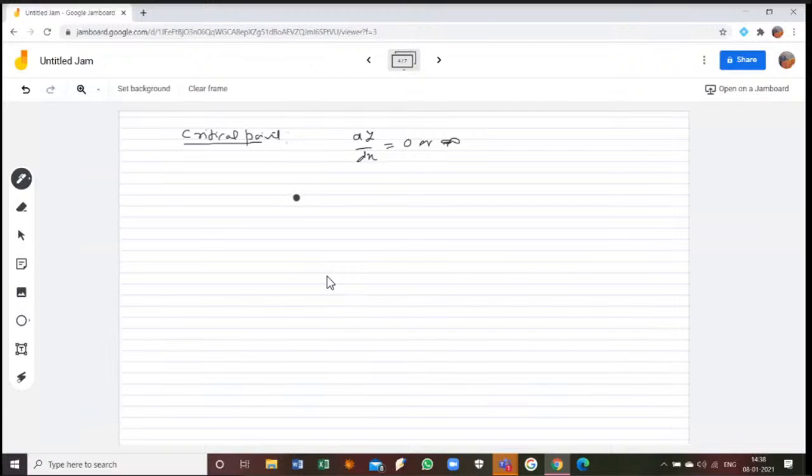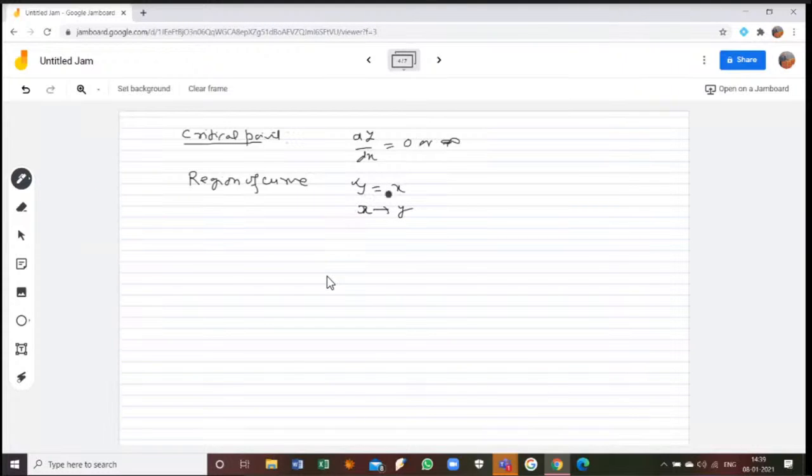After that you have to decide the region of the curve. You have to express y in terms of x, or x in terms of y, and see for what value of x or y the expression becomes imaginary.